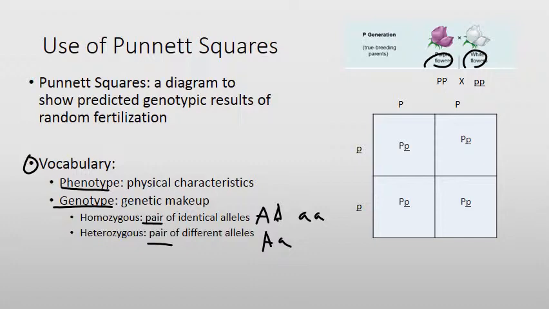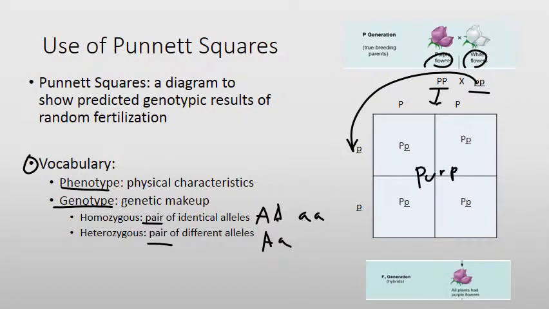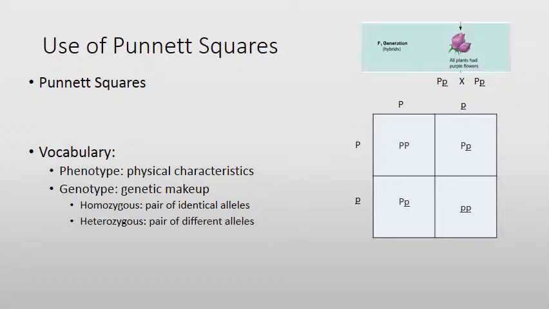So if we go back to Mendel's experiment, he bred a homozygous purple flower with a homozygous white flower. We put the purple flower here, we put the white flower here. And then we fill in the corresponding Punnett square, and this in turn gave us all purple flowers. This is shown in his F1 generation. They all have purple flowers. If we move on to the next generation, we allow the F1 to self-pollinate.